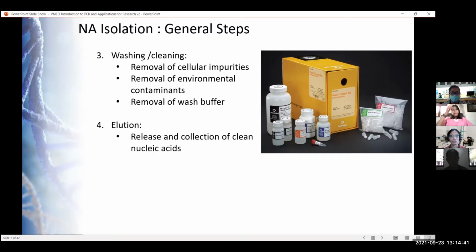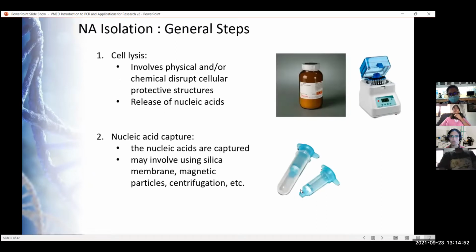So after washing or cleaning, you will elute or isolate the nucleic acid from, for example, the spin column. So after cleaning, the DNA or RNA is still here. So you need to remove it in order to use it. So you elute.